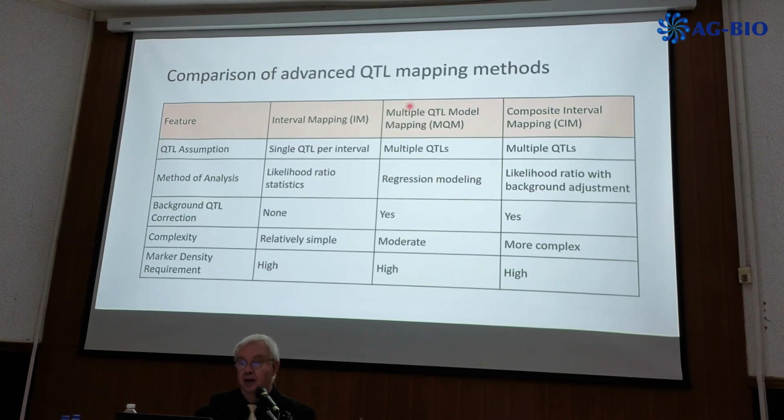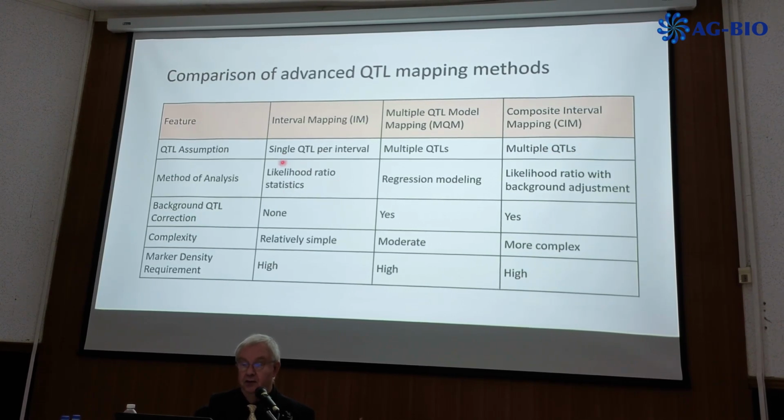Now let us see. I mentioned so far the very simple interval mapping, the multiple QTL model mapping, which nowadays I believe is used in most programs, and the composite interval mapping. So for the simple interval mapping, you assume that you have a single QTL per interval between two markers, but in the multiple QTL model, you have multiple QTLs.